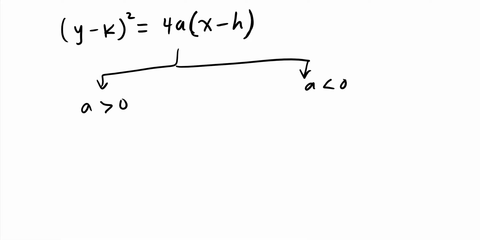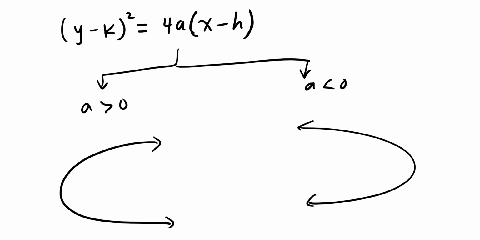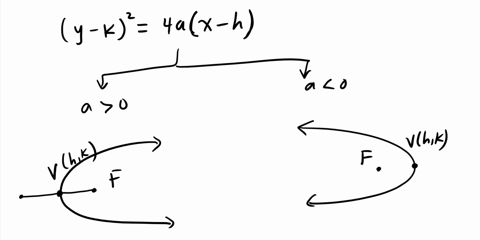So let's see. If a is positive, the parabola is going to open to the right side. A negative is going to open to the left side. That's the vertex, always h comma k. Focus inside the parabola at all times. If you move this way, the same distance, which is the absolute value of A, you get the directrix, which is a vertical line.